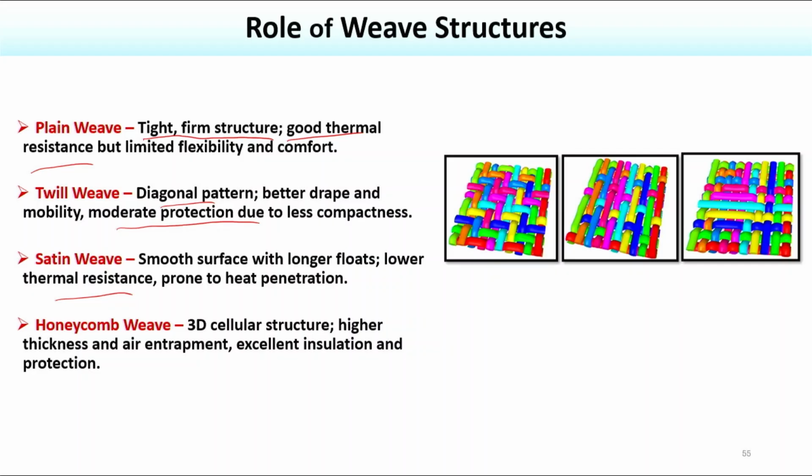Honeycomb weave is a 3D cellular structure with higher thickness and air entrapment. Due to this air entrapment, there is excellent insulation and protection due to the cellular structure. It has been observed that fire protection is higher than plain weave or twill weave.